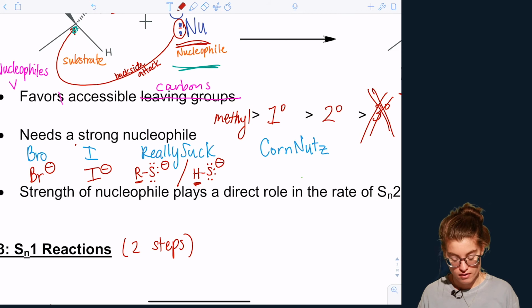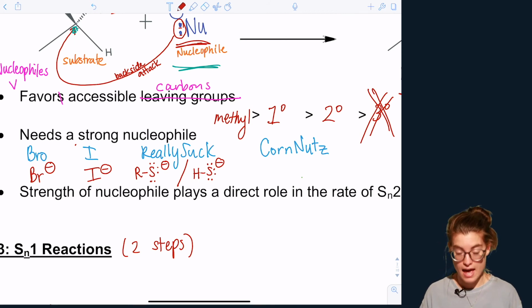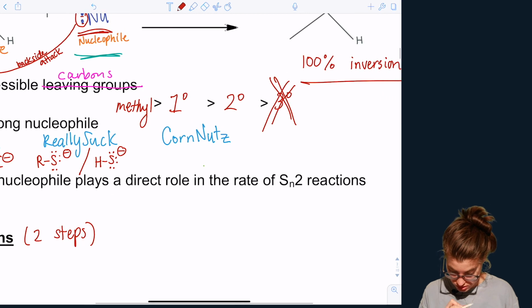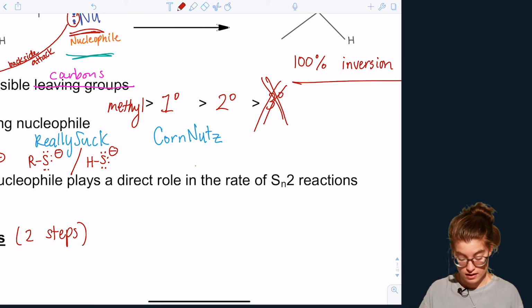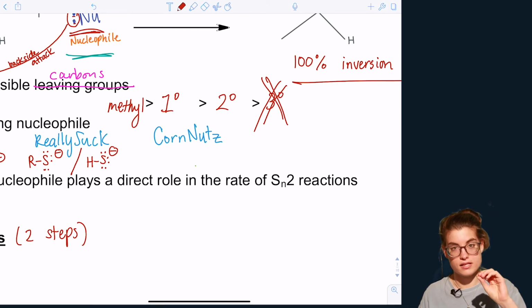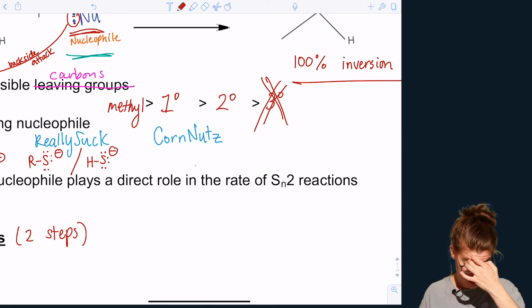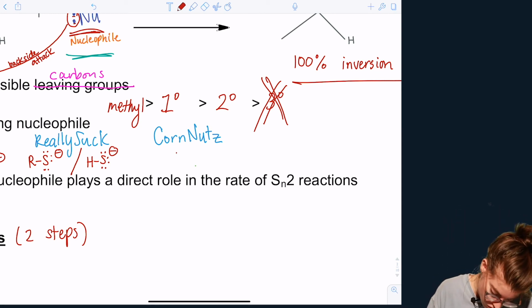I don't care if either one of those is there, right? The important part is that I have that negative S because I need that strong negative charge to do the attacking. So it's the sulfur atom that's attacking because it's the sulfur atom that's negatively charged. And then corn nuts stands for CN minus.